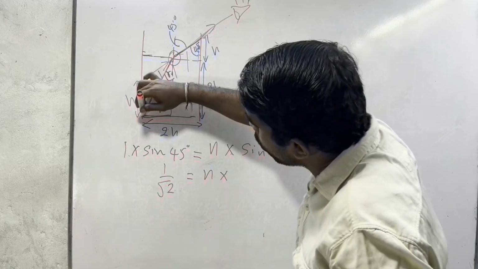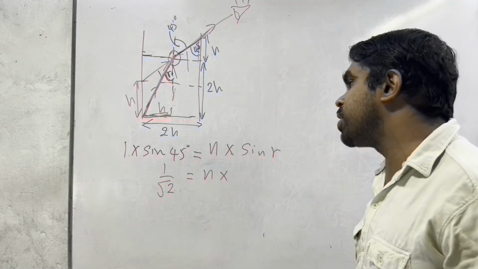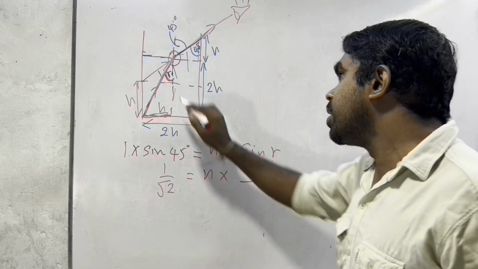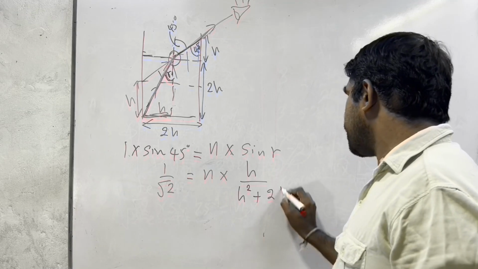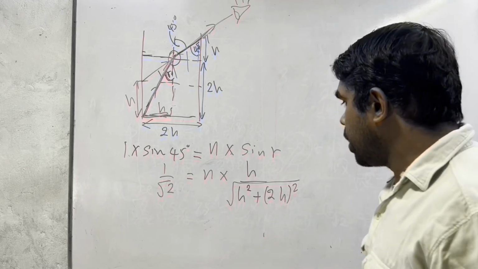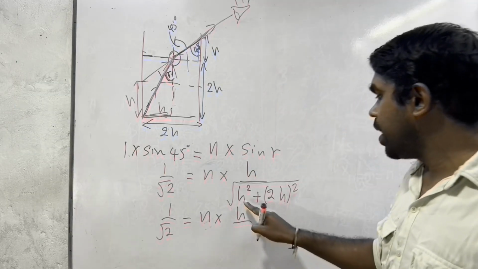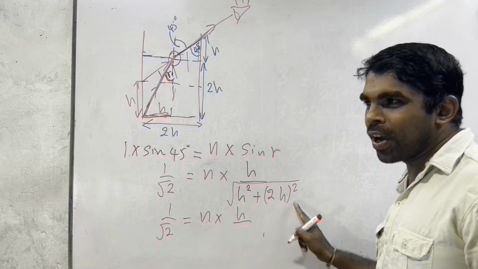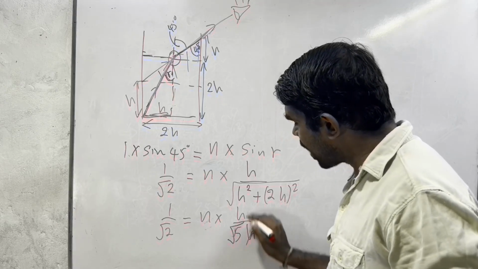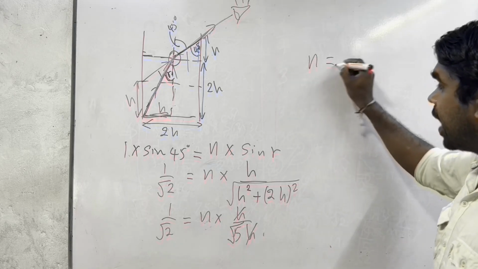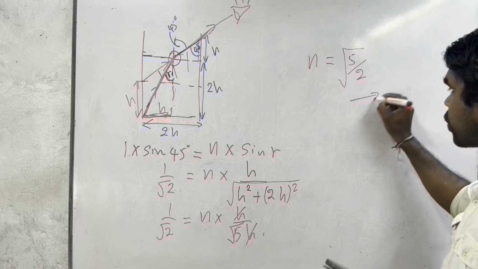We can get sine r: opposite of this angle is h, and the hypotenuse is this side. We can write it by using Pythagoras theorem. Then h divided by the root of h squared plus 2h squared. Then 1 over root 2 equals n times h divided by root of h squared plus 2 squared, which is 4h squared. It is 5h squared. We get root 5 times h. We can cancel out h and h. Then we can make n the subject. It is root 5 over 2. Then we can obtain the second one is the correct answer for the fourth question.